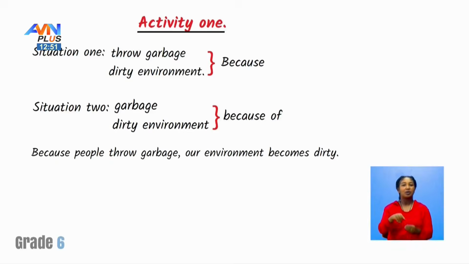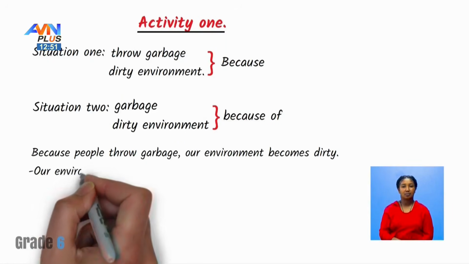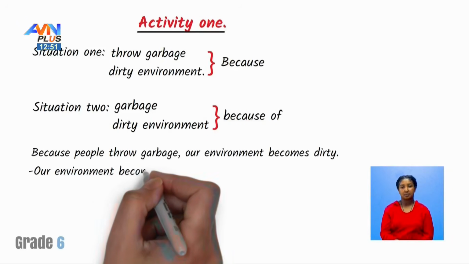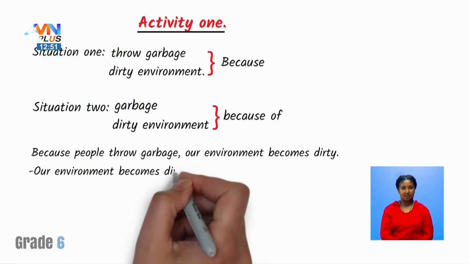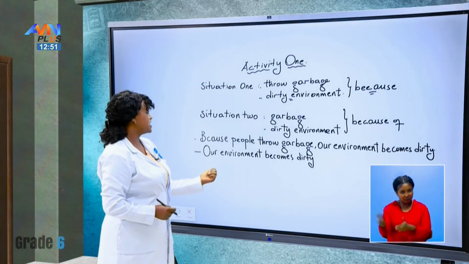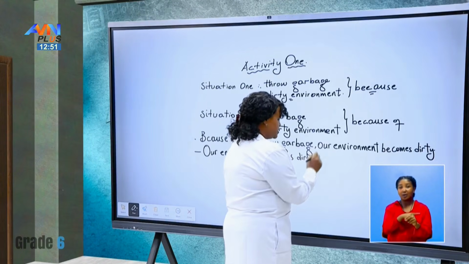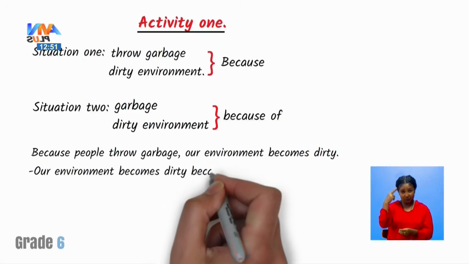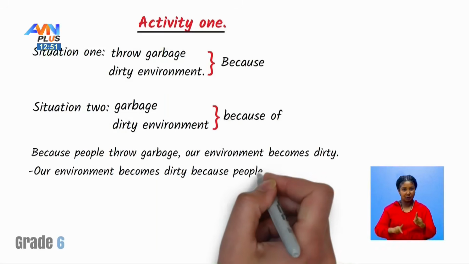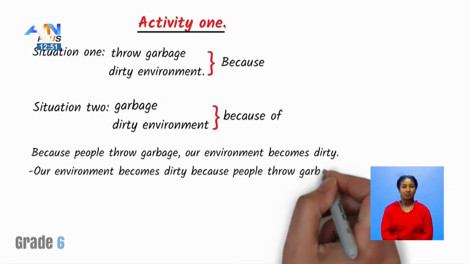Our environment becomes dirty. Yeah? Now we begin with the effect. So we're going to insert the conjunction in the middle. There's no need of comma. Our environment becomes dirty because people throw garbage.